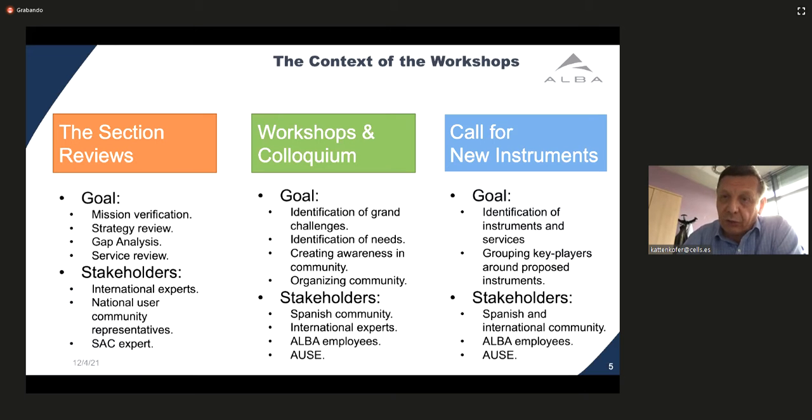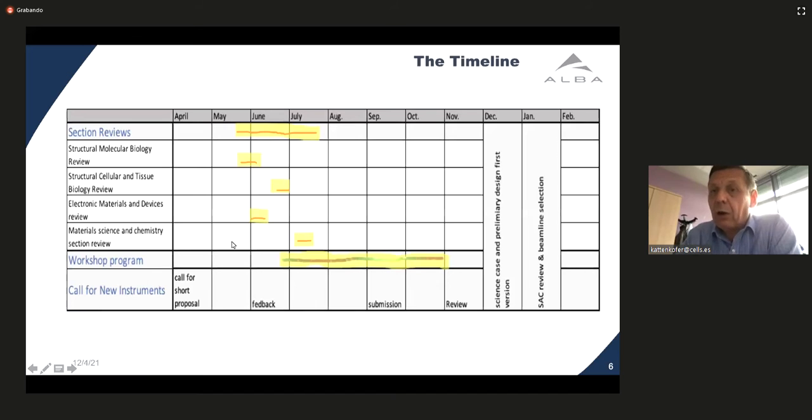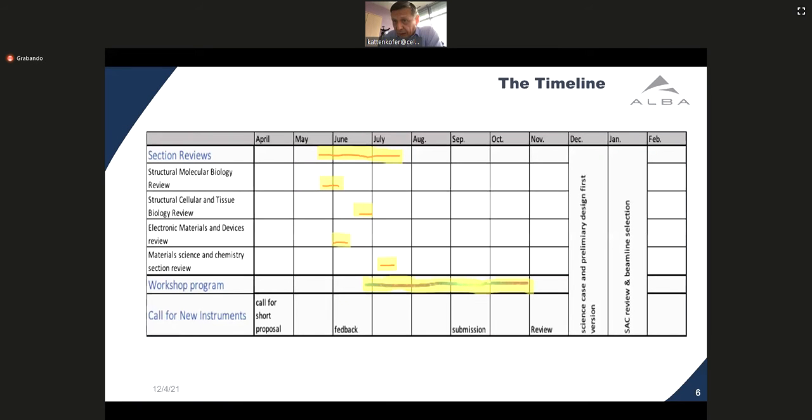So all that together will form our scientific program, and then also will impact dramatically what we do with our preliminary design. So it's really important to participate here.